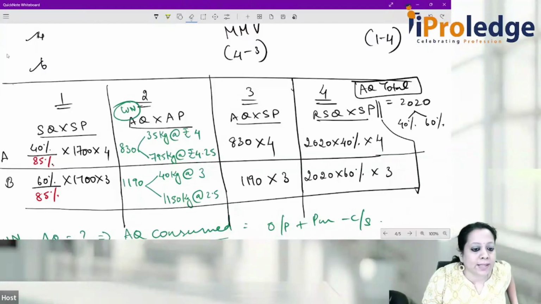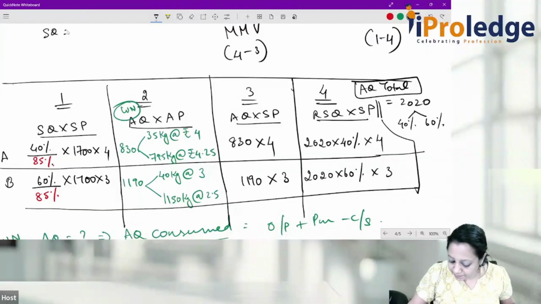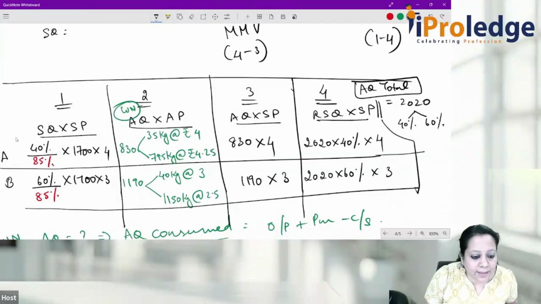But, ma'am, all this I will forget. If you think like that, I will tell you a simple logic. Standard quantity is how much? 800. If you do this, you will get 800.